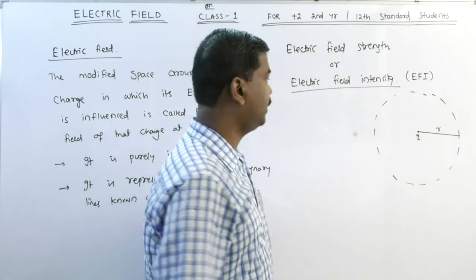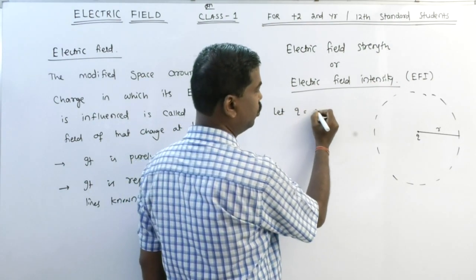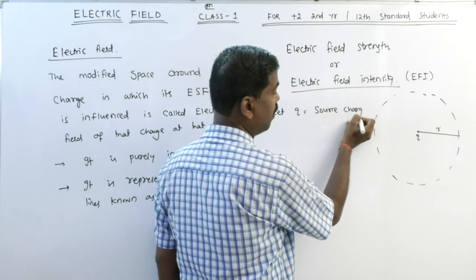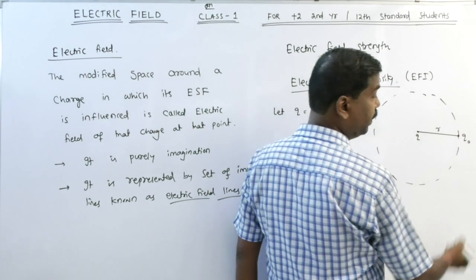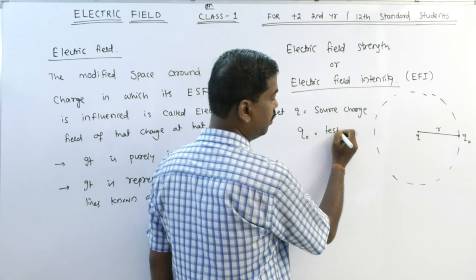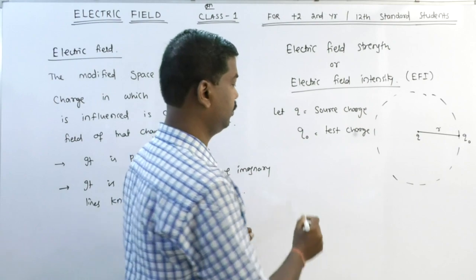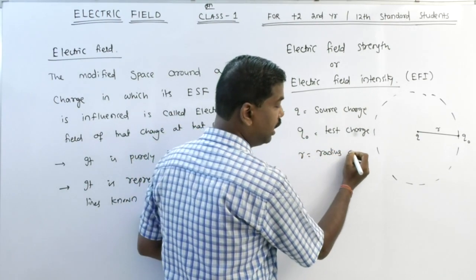Here Q is the source charge, and the charge placed at its surface, Q0, is the test charge. R is the radius of the hypothetical surface.